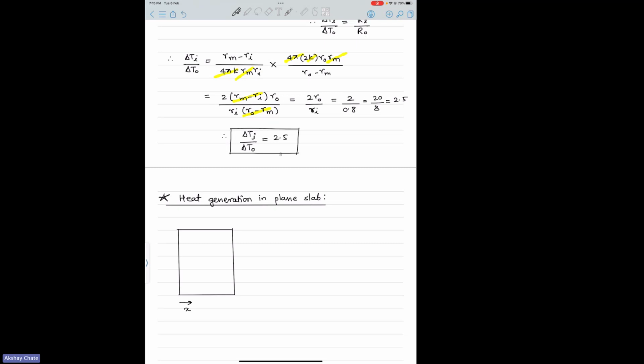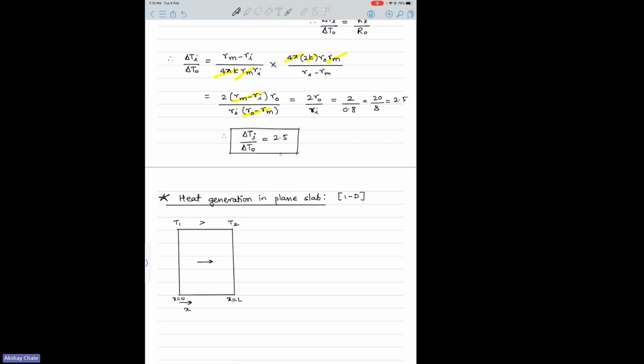This is x equal to 0 and this is x equal to L, and heat is flowing in this direction. So that means T1 will be greater than T2. Let's say this is your problem statement, a 1D problem. The 2D problem we'll discuss in subsequent classes in this course.